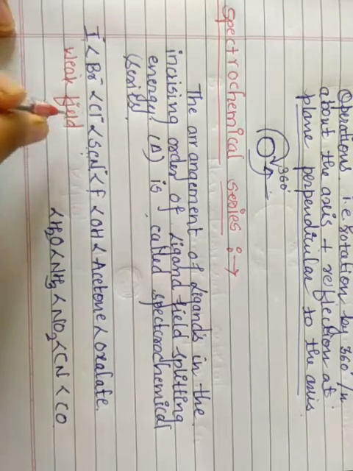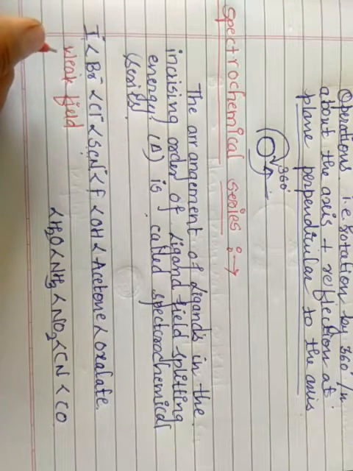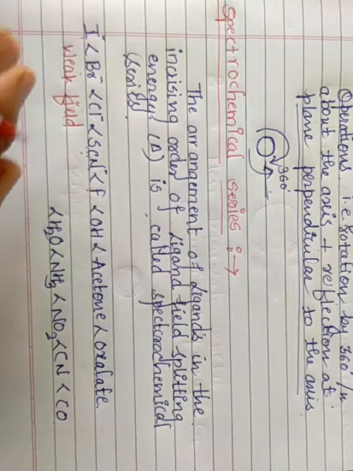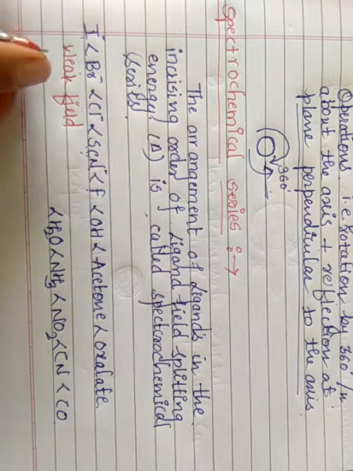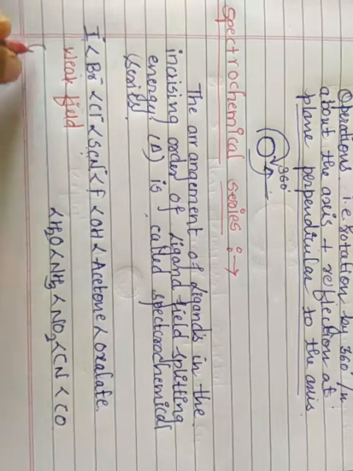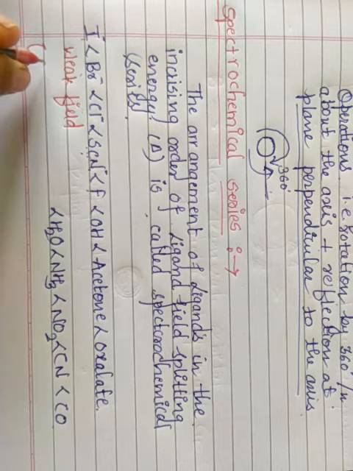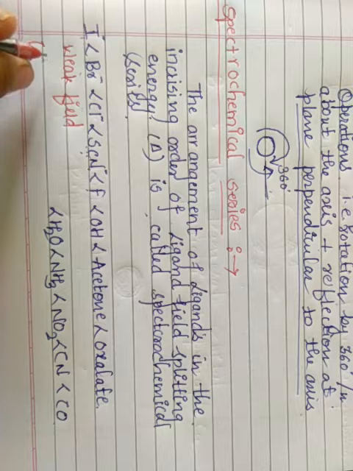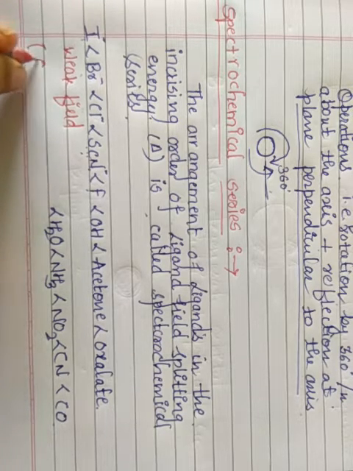Weak field, or I can tell here, spectrochemical series in the decreasing order of ligand field splitting. So what is it? Here I will write CFSE. What does this CFSE mean? Crystal field splitting energy.